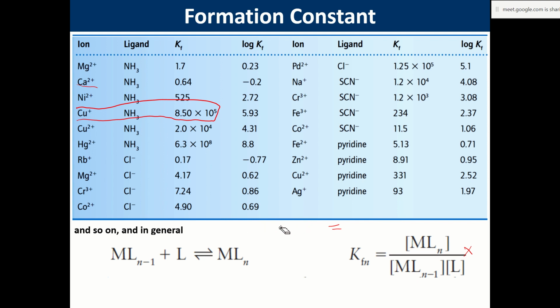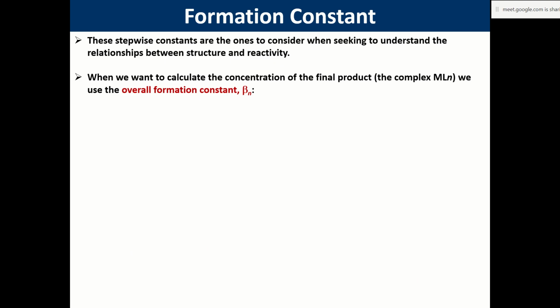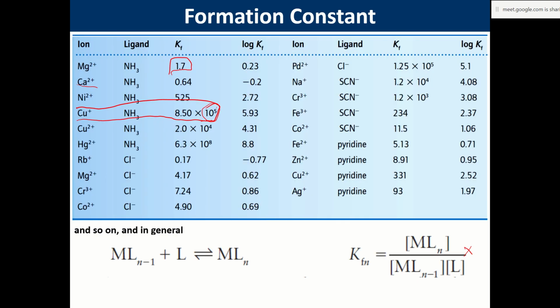the reactant. So if this is 1.7, it means at equilibrium the product has a concentration 1.7 times higher than the concentration of Mg and NH3 combined. So very small, but if it is 10 to the power 5 times, most of it has been converted into products. So the higher the value, the more products there are, and you can consider that the binding between metal and ligand is stronger.